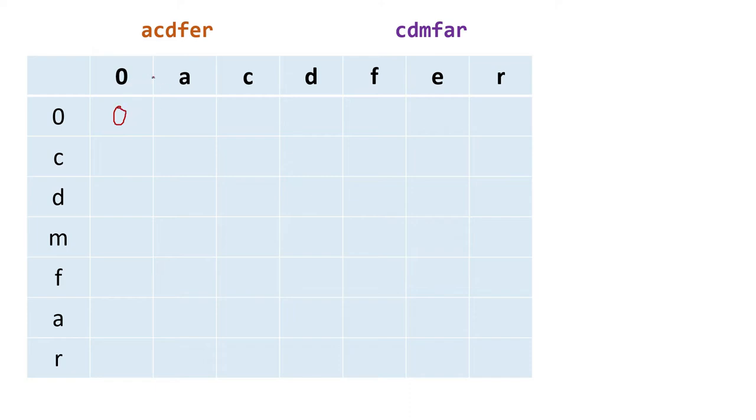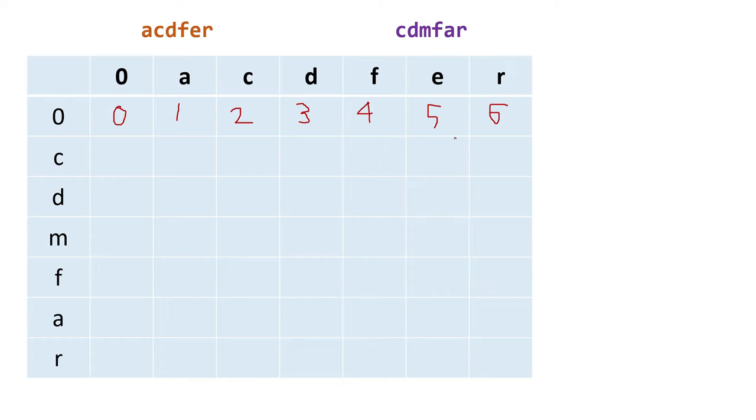If one string has length 1 and that is A, and the other is 0, then the complete A I have to delete. If it is AC and it is 0, then both A and C I have to delete, so it will become 2. And if it is ACD, then 3. In a similar way, it will be 4, 5 and 6 characters we have to delete.